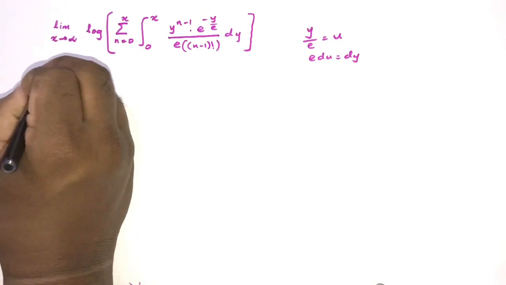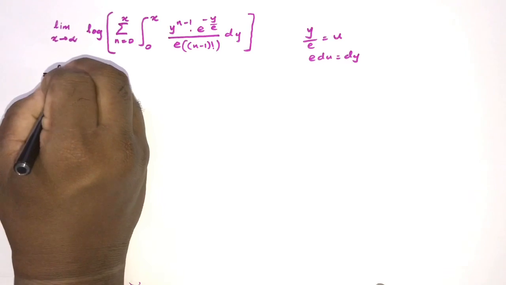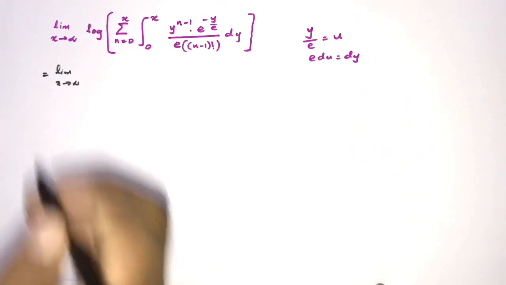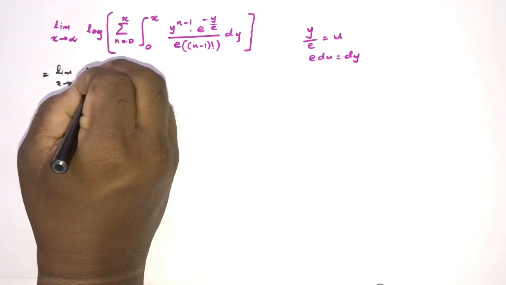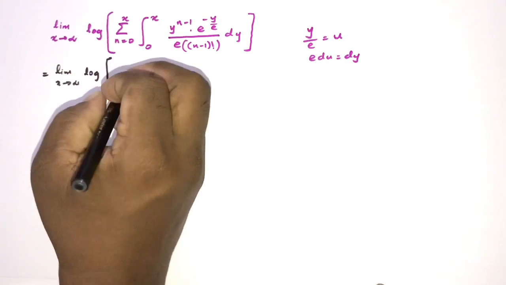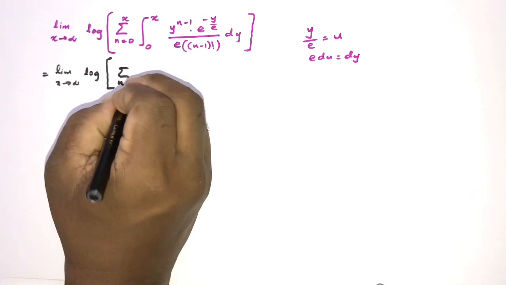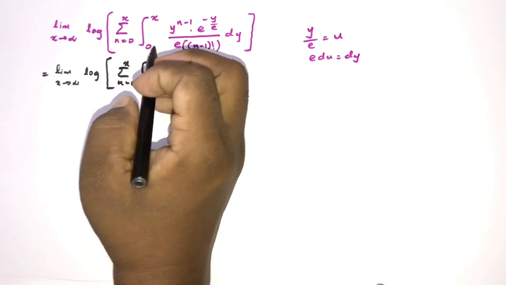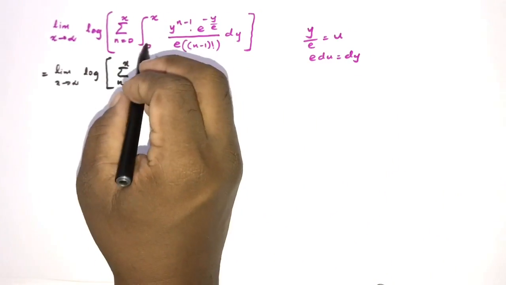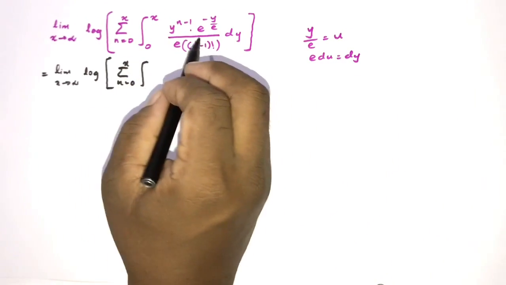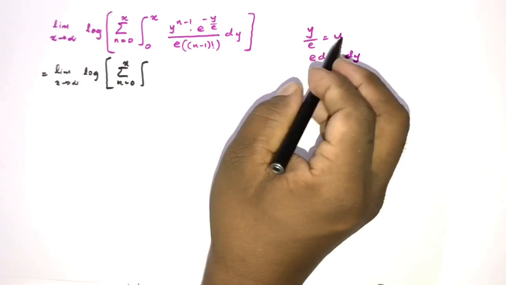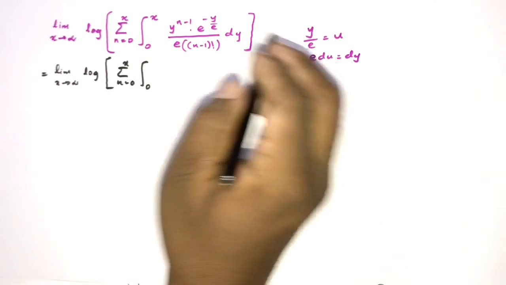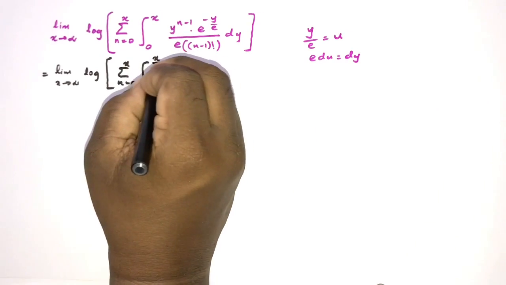So our question: limit x approaches infinity, natural log of the sum from 0 to x of the integral from 0 to x. But we made a substitution, so we should change the boundary. When y approaches 0, u also approaches 0. As the upper limit y approaches x, u approaches x over e.